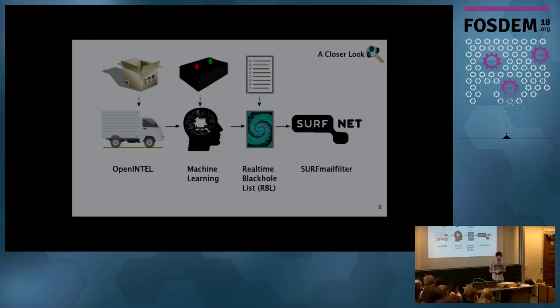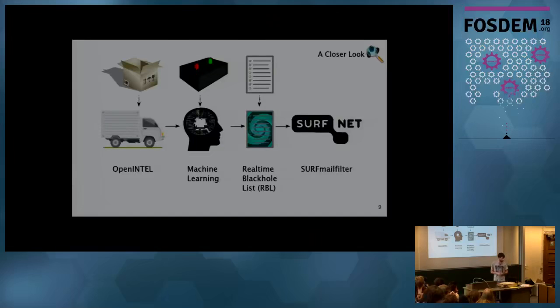The SURFnet mail filter operators recommend the thresholds to use: mark an email as spam with a score of 5 or higher, and delete it if the score becomes 10 or higher. While universities may change these thresholds, we stick to the recommendation in this presentation and in the paper.